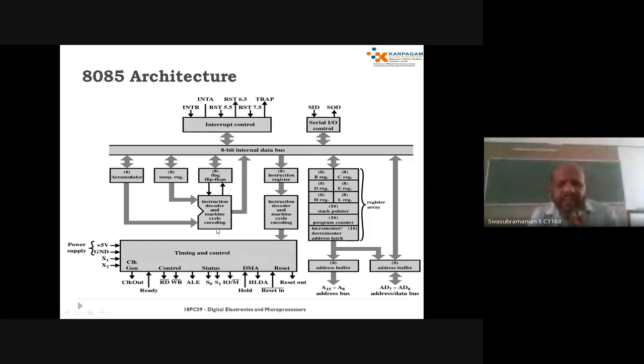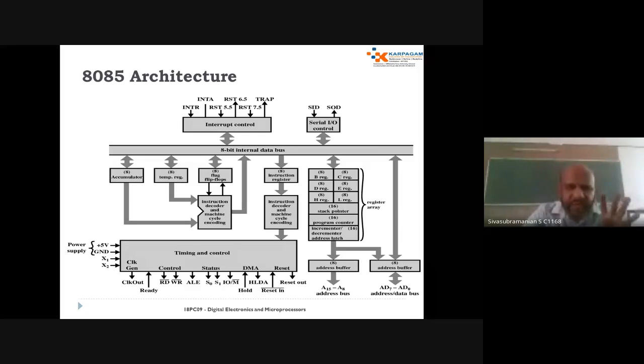This is something like a complex, which you can replace as an ALU, arithmetic and logical unit, right? So this instruction decoding and machine cycle encoding is nothing but the operation of your ALU only.